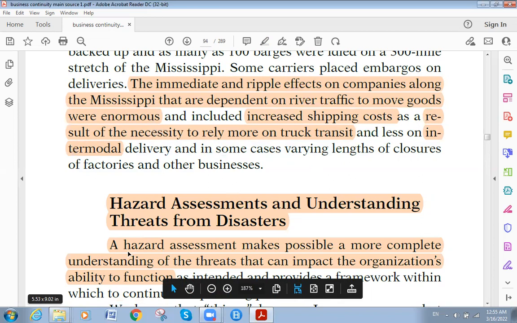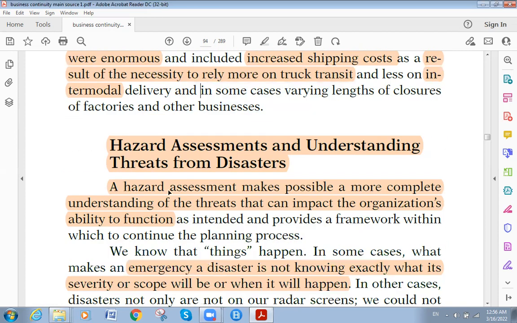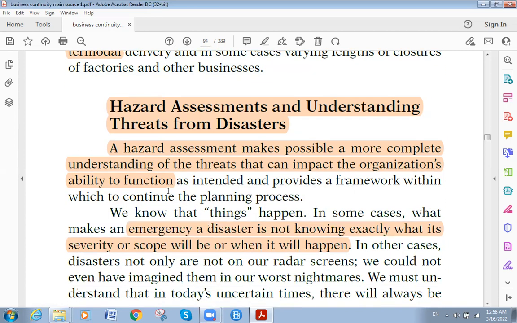So I will use the trucks, I will use the trains, I will use ships. All these, we call it intermodal, depending on more than one mode of transportation for shipping the cargo in the logistic system. And in some cases, closures of factories and other businesses destroyed some businesses, like it says here.